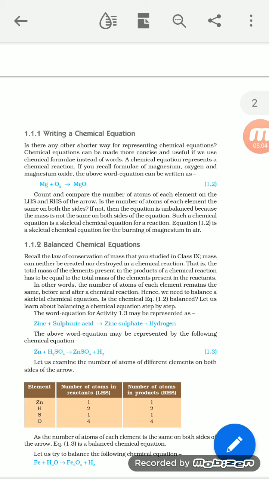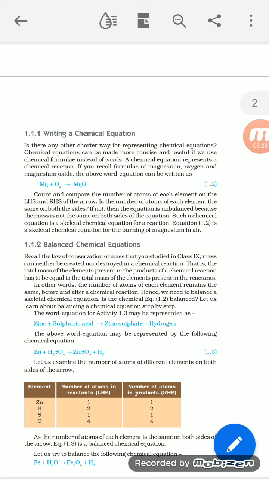So the above word equation can be written as magnesium, Mg, plus oxygen, O2, forms magnesium oxide, MgO. Now count and compare the number of atoms of each element on the left-hand side and right-hand side of the arrow.